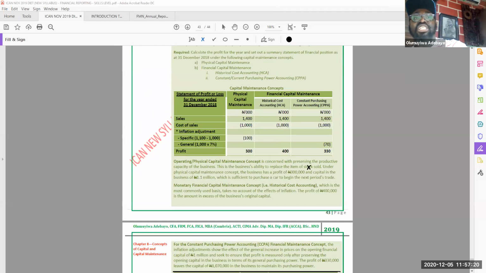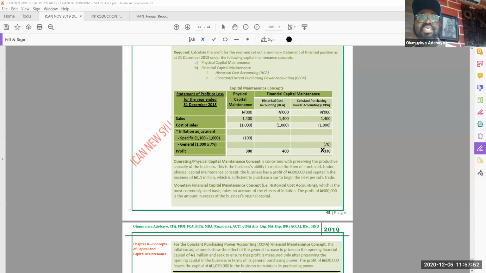But the shortcoming of the general purchasing power price index is that it either understates your loss of purchasing power or it overstates your loss of purchasing power. For example, for an item which increases in value by 2%, but the general market increased by 7%, you will have overstated the loss of purchasing power. But for an item that, for example, is at 10%, but the market says 7%, you will have understated your purchasing power. You can see that.